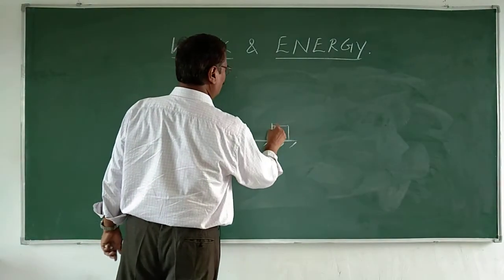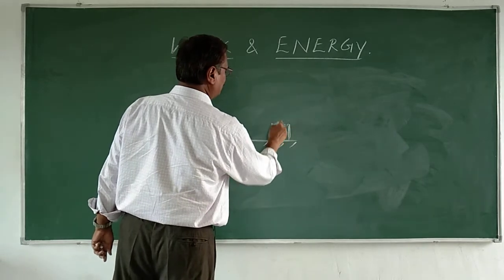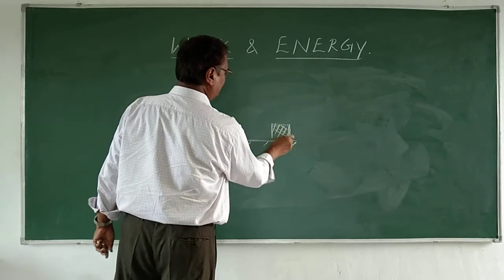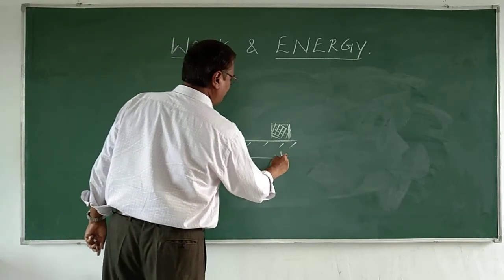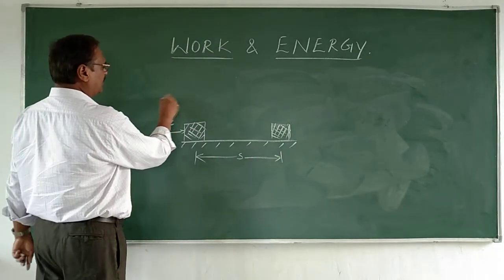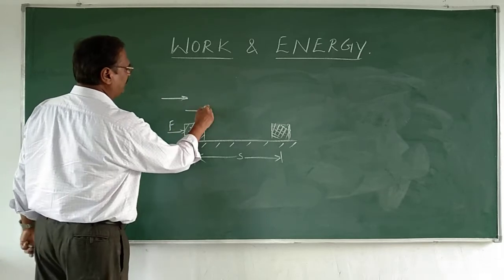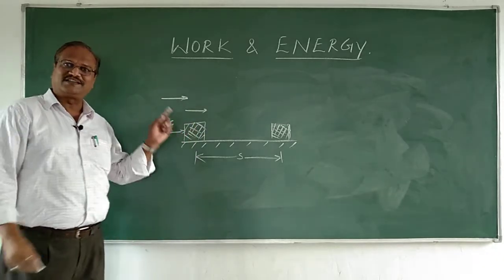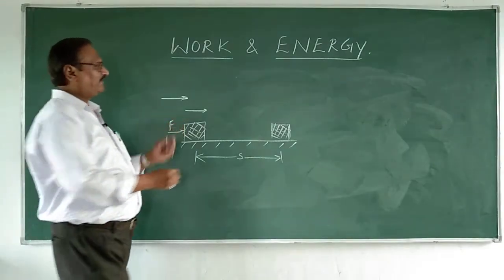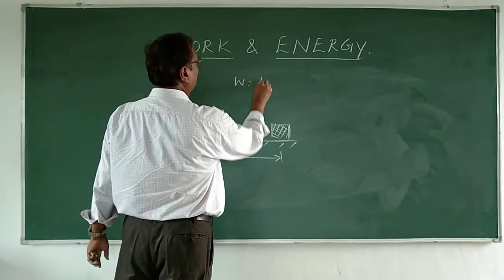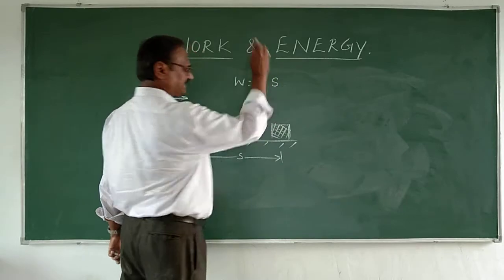This I am drawing as a rough sketch. The body is coming here and the displacement is S. Now see carefully, the force applied and the displacement are both in the same direction. Then you have the formula W is equal to F into S.